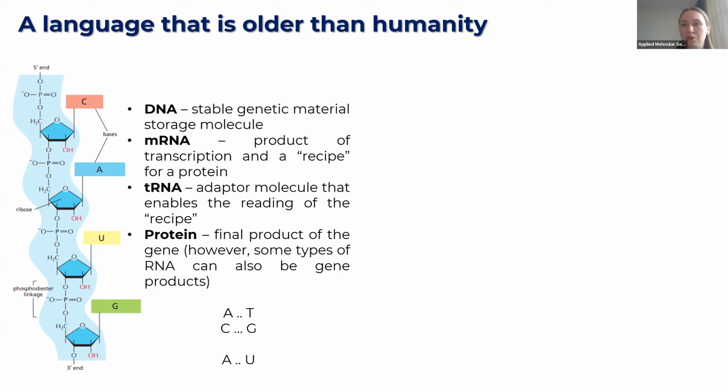DNA is often found in double helix structures, whereas RNA is usually single-stranded and it contains ribose instead of deoxyribose found in DNA. So here we have RNA and here we have our ribose, and in DNA we will only have H instead of OH as it's represented here.